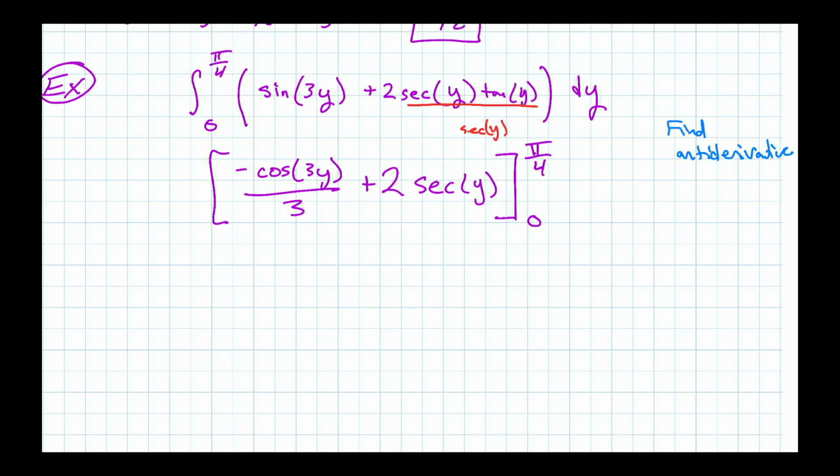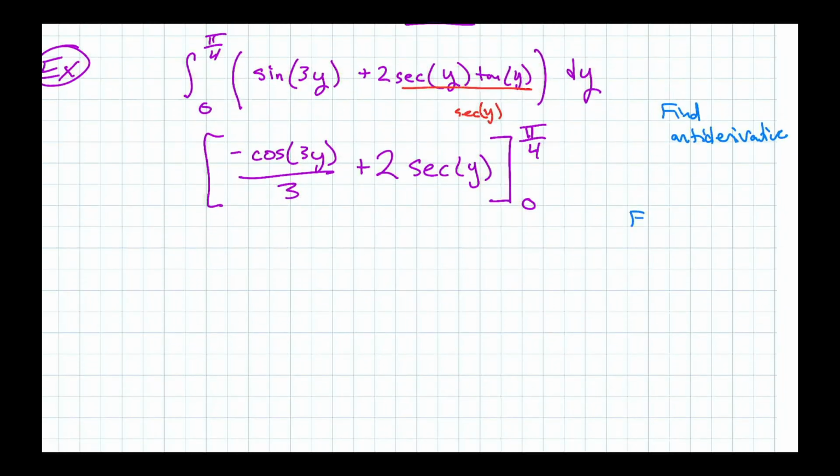All right, and then you've got your limits of integration still. After you do that, you've got to do your f of b minus f of a, which means plugging these in for the y.